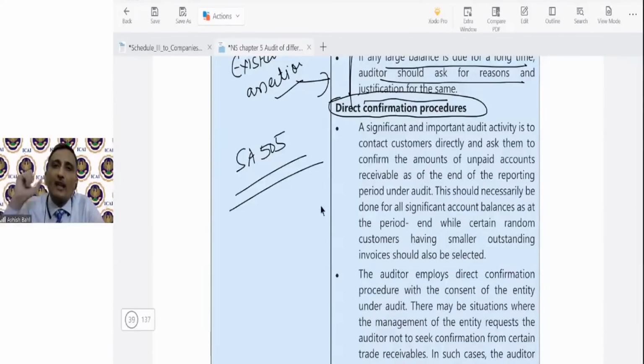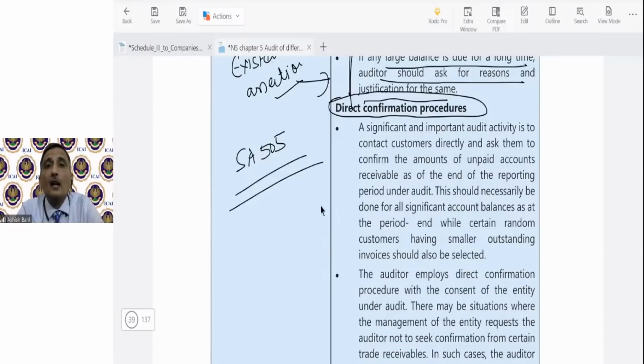Okay, so all those procedures which we have read in SA 505 are applicable practically. The auditor would be sending confirmation requests to the customers from whom the money is recoverable.